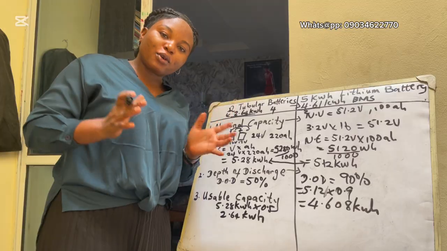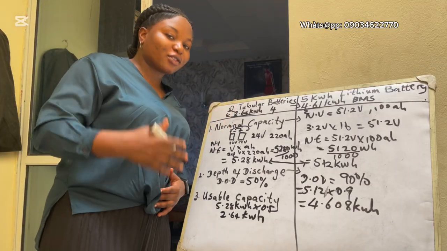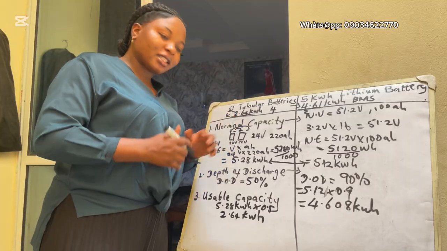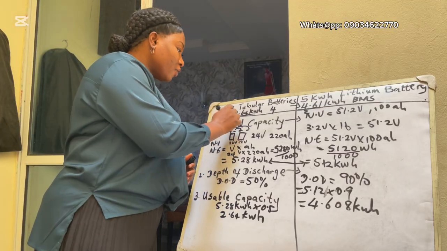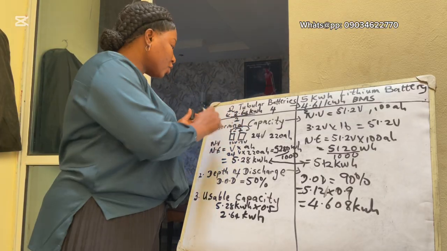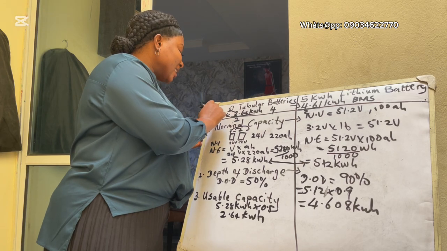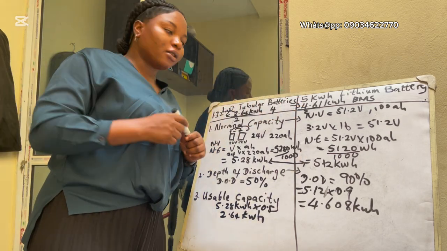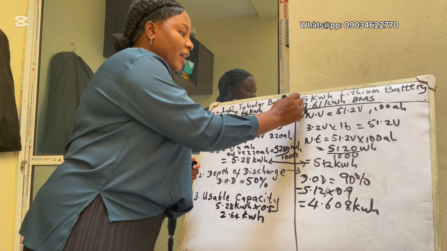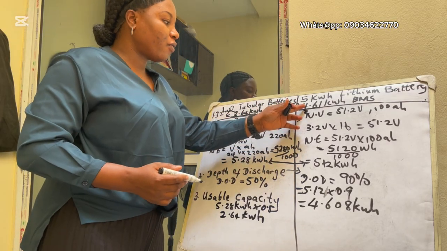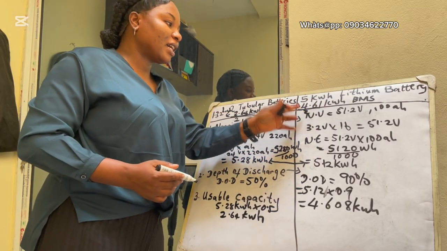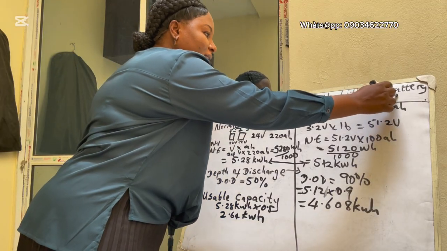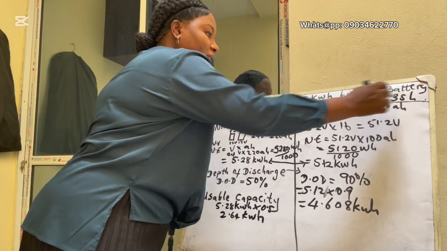For instance, if the total load of the client is 2000 watts, that is 2 kilowatts, and the usable capacity is 2.6 kilowatt hour, if you divide it by the 2 kilowatts, you're going to have about 1 hour 30 minutes. And the same 2 kilowatts divided into the usable capacity of 4.6 kilowatt hour, you're going to get something around 2.3 hours.